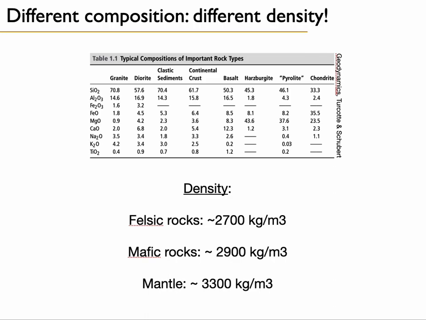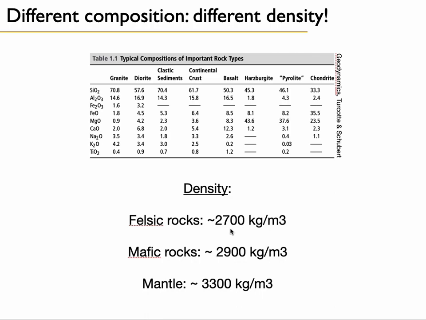So what is to be kept in mind is that the difference between the continental lithosphere and the oceanic lithosphere is basically the composition of the crust. But who says different composition also says different density. So the felsic rocks typically have density of 2,700 kilograms per meter cube.